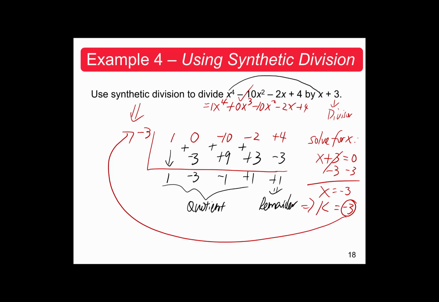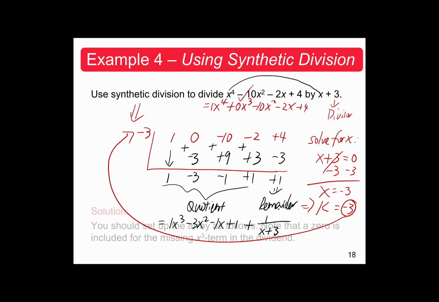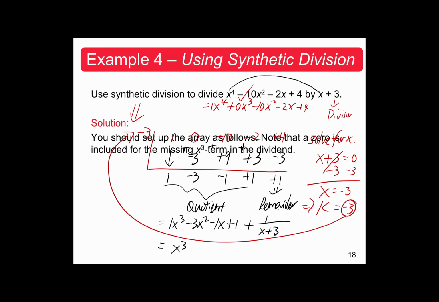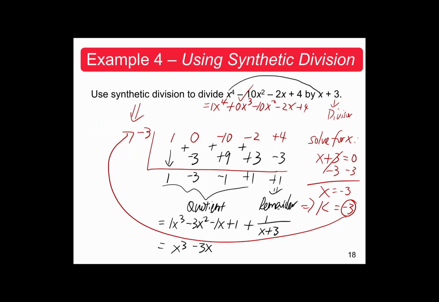So the quotient becomes 1x cubed minus 3x squared minus 1x plus 1, and the remainder is 1 over the divisor x plus 3. That's how you translate the result of synthetic division into the quotient and remainder. Similarly, it should be x cubed minus 3x squared minus x plus 1 over x plus 3.